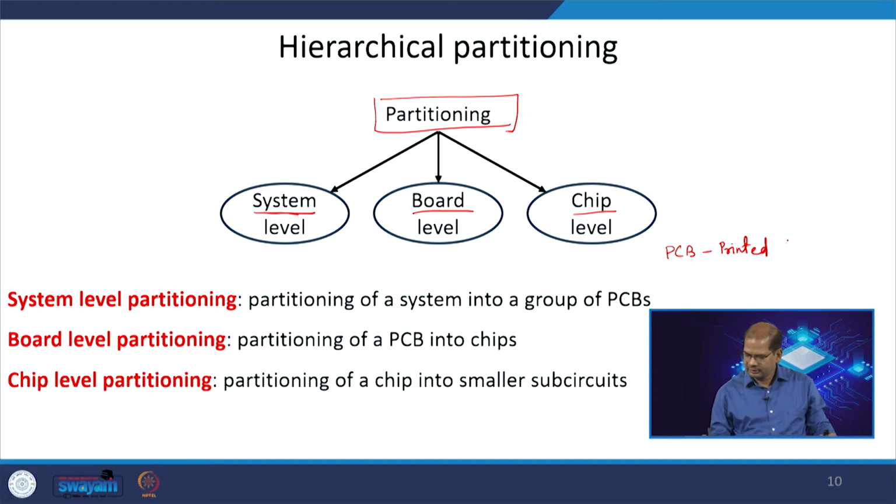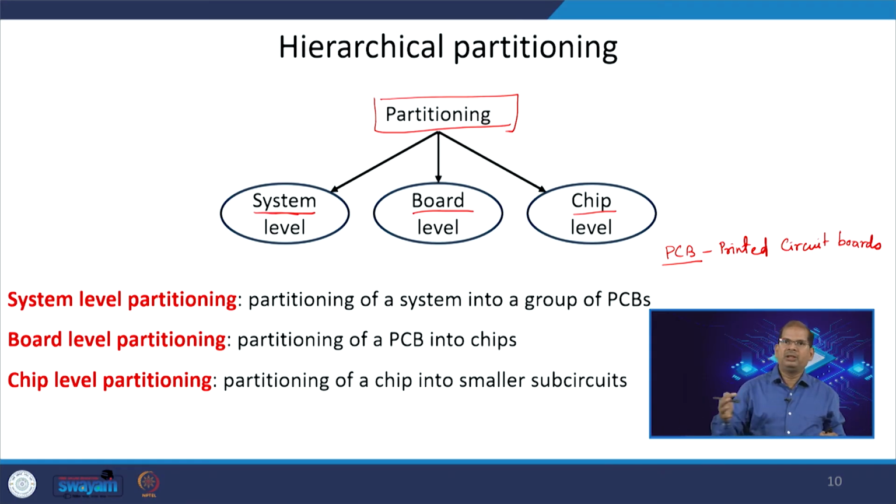If I open a computer unit, I can see multiple PCBs there, which build the complete system of your computer, a server or something.